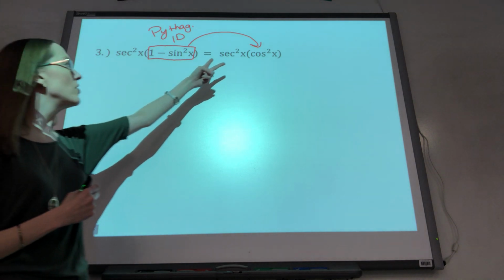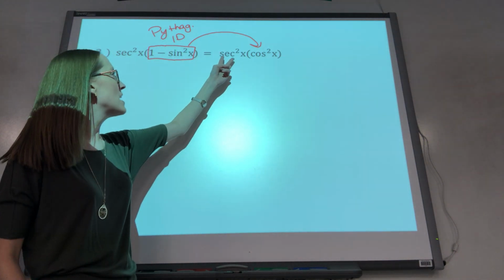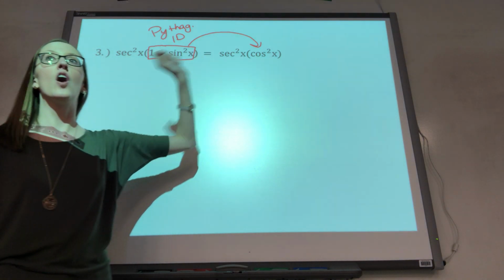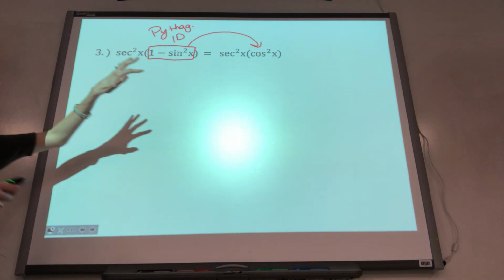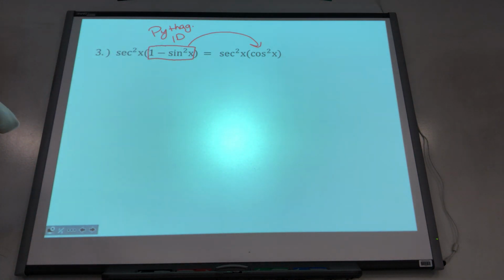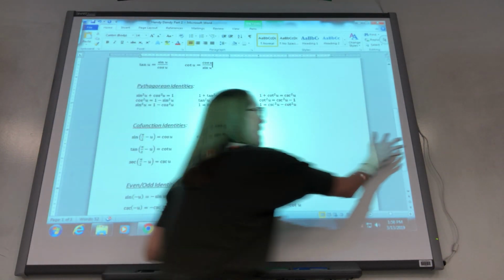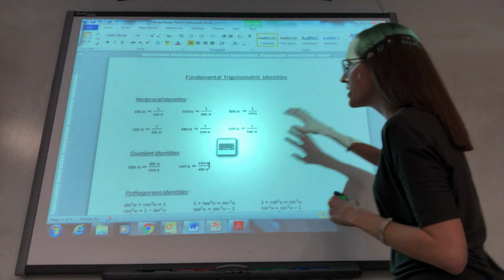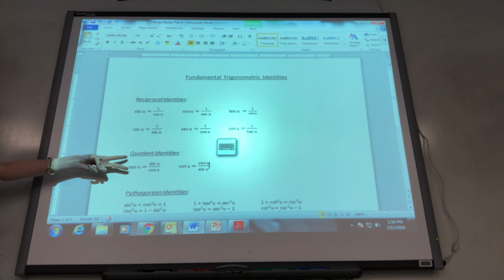Now, even though these trig functions are being squared, what do we know about secant and cosine? They are reciprocals. If the squares are throwing you off, let me explain something real quick. This is something nice you can do with the reciprocal identities, or actually you could do this with the quotient identities as well.